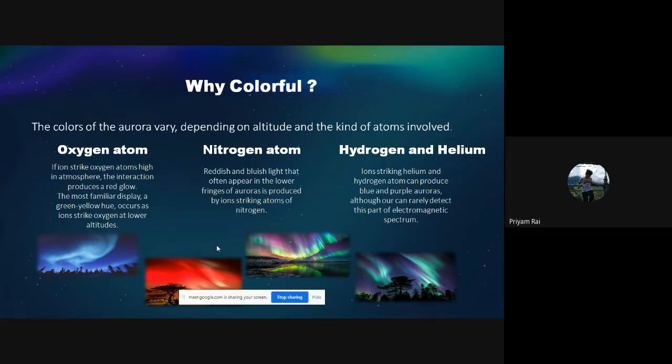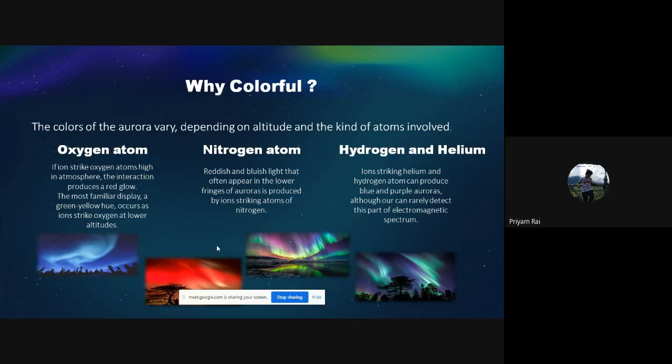When these particles hit molecules in Earth's atmosphere, they trigger light displays depending on the altitude and the energy of the collision. As you know, most of the molecules in Earth's atmosphere are either nitrogen or oxygen, so they are most frequently hit molecules.